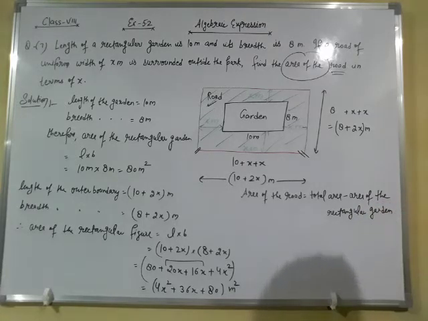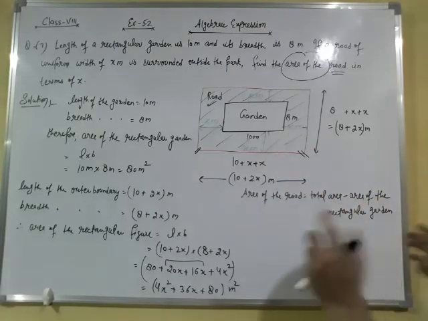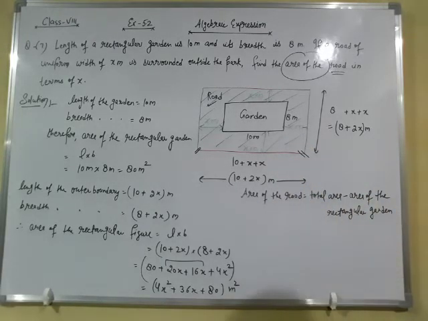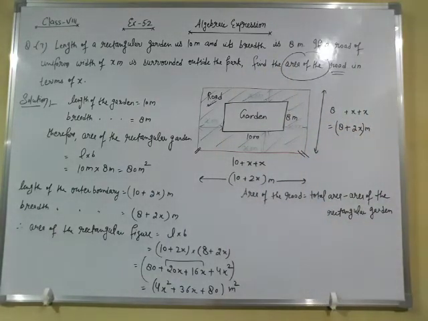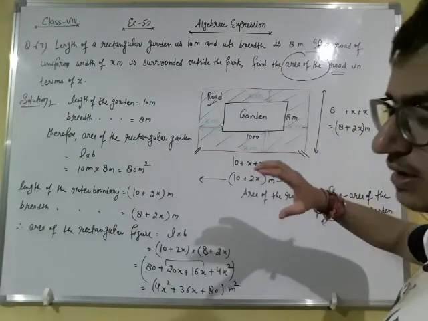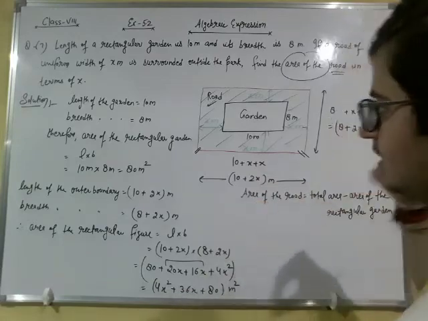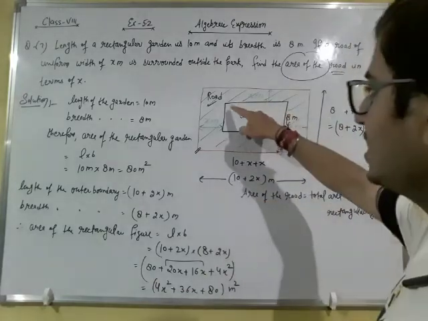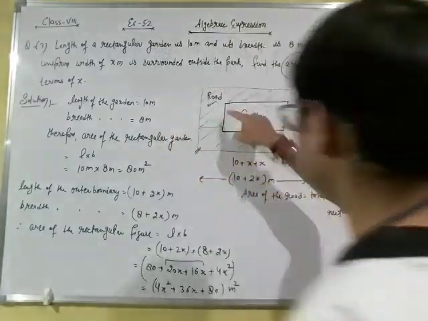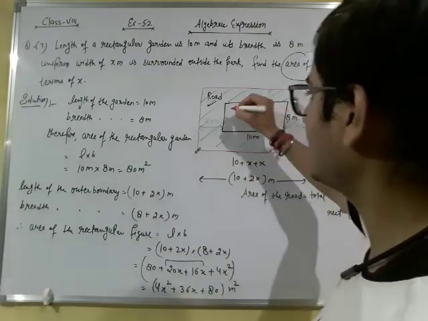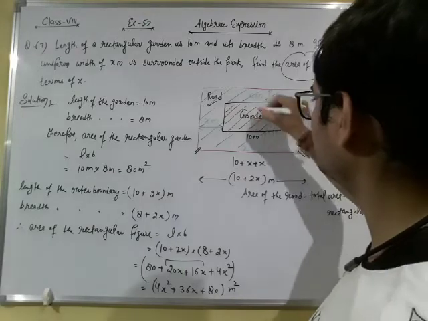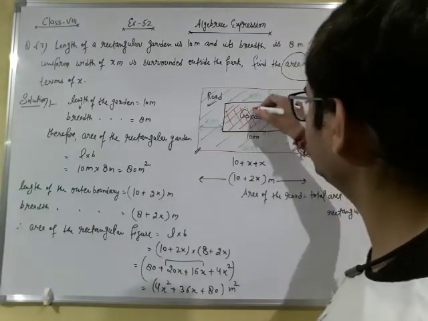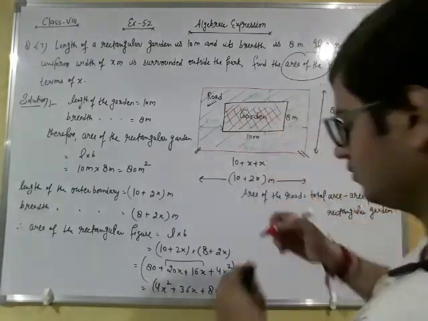It is clear from the picture that we subtract the area of the garden from the total area. It is just like with the help of scissors we are cutting this area, the area of the garden, which I am marking with the red color marker.